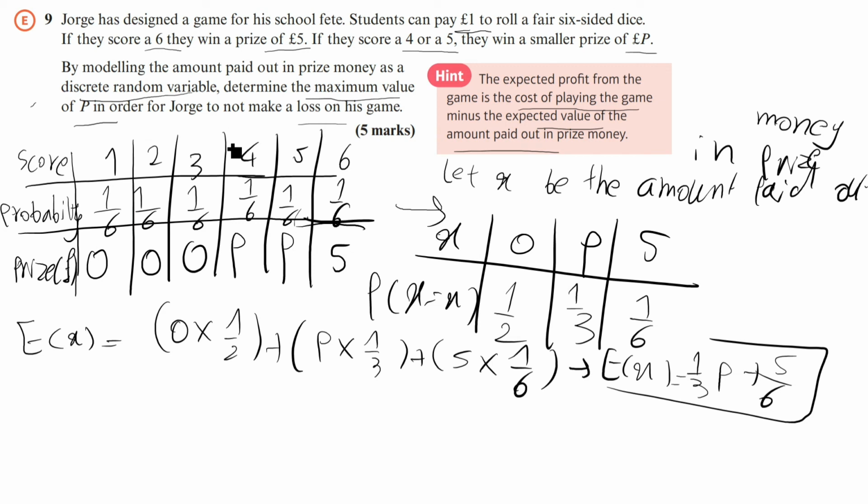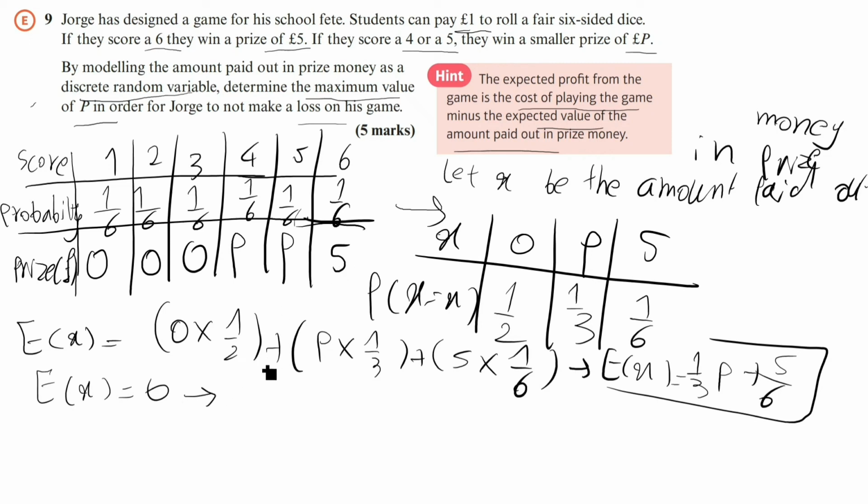This means the expected profit should be 0, because this is the highest amount of p that can be, and by having this amount of p, George won't make a loss. Also this is the maximum, because the maximum amount of p is when George doesn't make a loss.